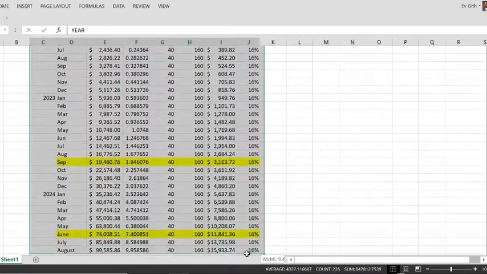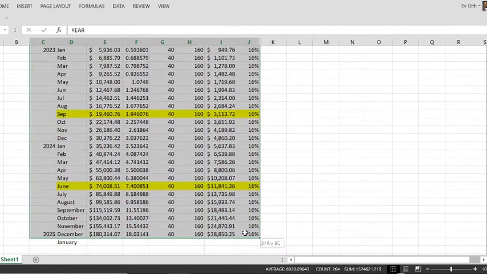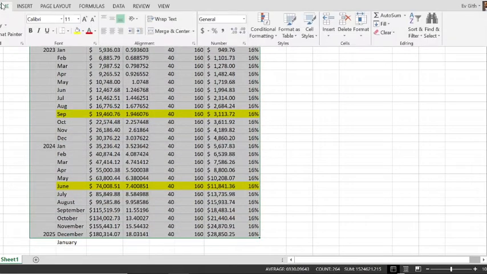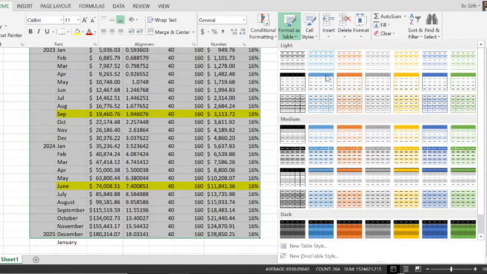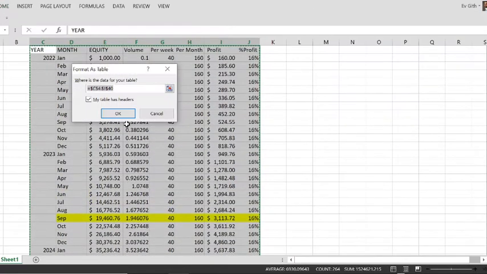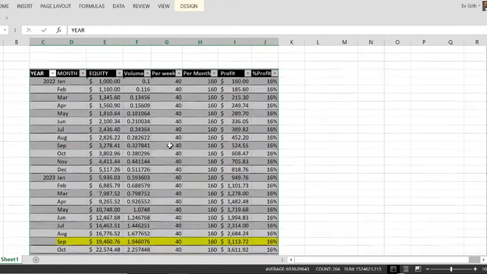So making 16% per month from equity is something achievable and something that is within the range of what can be achieved.